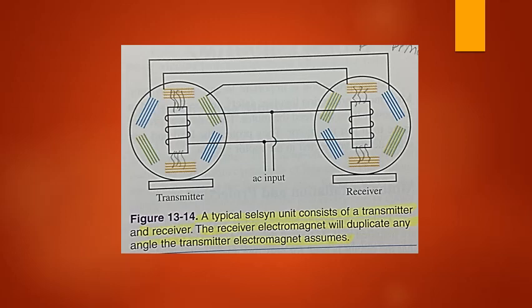When the transmitter is rotated by a mechanical force, the receiver duplicates the exact same turn. These units are used on ships to indicate rudder position. They can be used to monitor change in position of almost any mechanical item such as a weather vane or a gun turret.